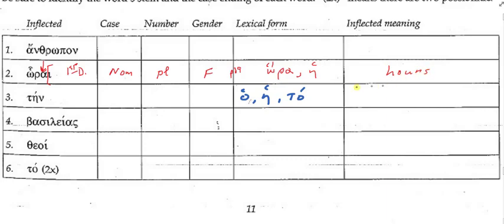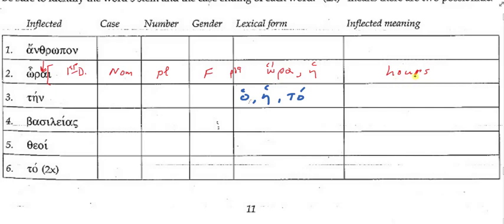Now, this is nominative plural, right? So this is the form that I would use if it were functioning how? Subject. Like hours are long in Greek, aren't they? 3 hours are long. So that's good. If I had a form of hora that was direct object, I wouldn't change the form.